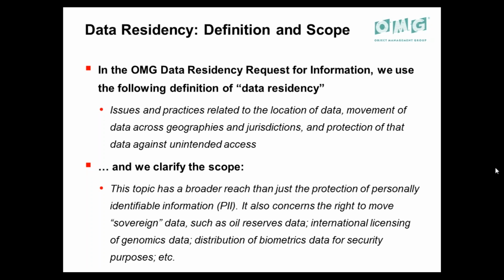Since the OMG is seeking inputs through a request for information, as Tracy said, we have used the definition in the request for information itself, and we say that this is the set of issues and practices that are related to the location of data, its movement across geographies and jurisdictions, which may correspond to countries or groupings of countries or sometimes states, individual states or provinces, and the protection of data as it is located in different places against unintended access.